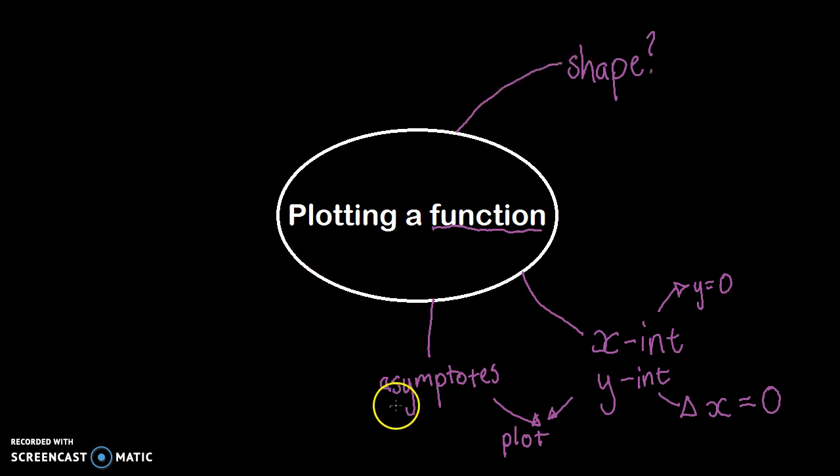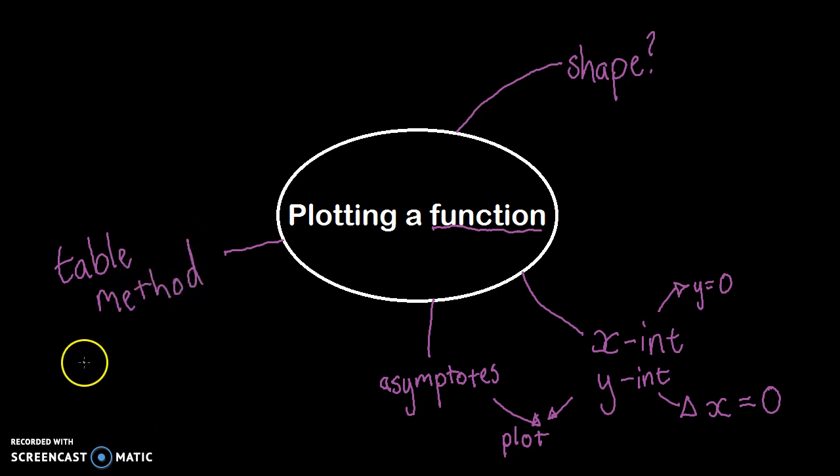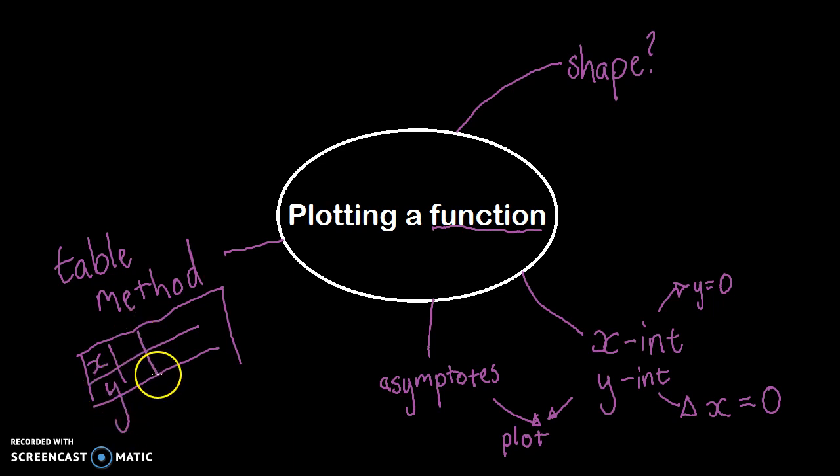Now, if you are struggling to use all of those, and we know that exam pressure can be difficult, then resort to the beginning method you used, which is the table method. When you find a list of coordinates by using a table, let's draw it like that. You have your plug-in values, which are x, and your output values, which are y.